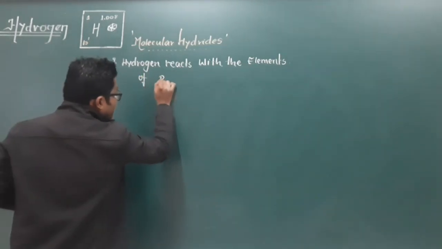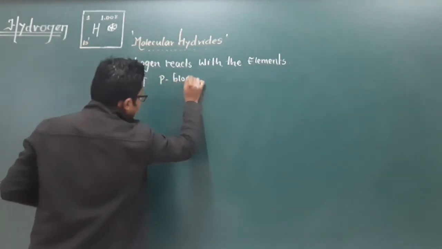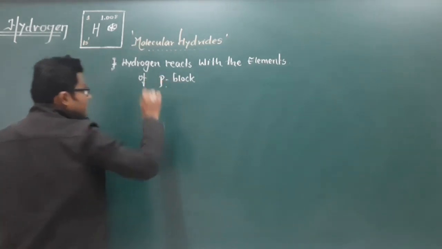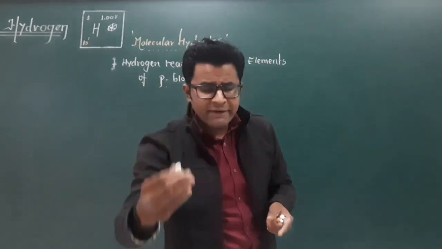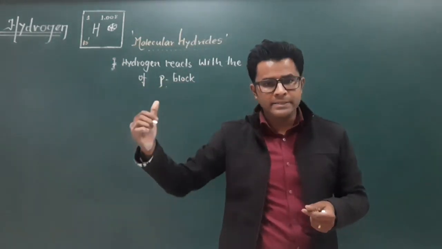of the P block. So, the important thing here is that the P block elements, when they react with hydrogen, form molecular hydrides.